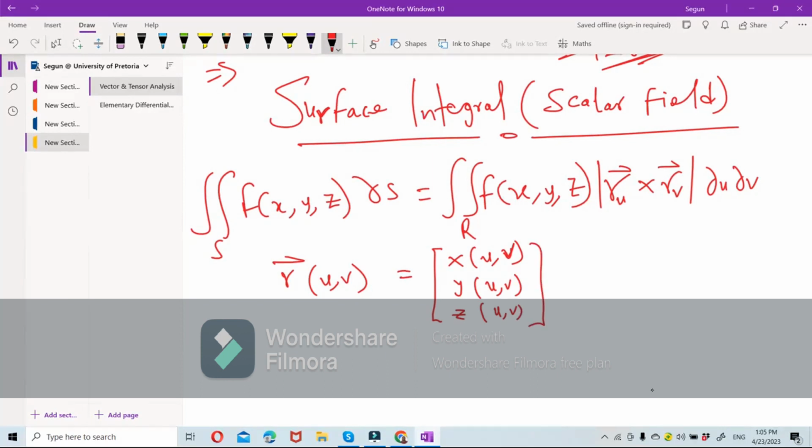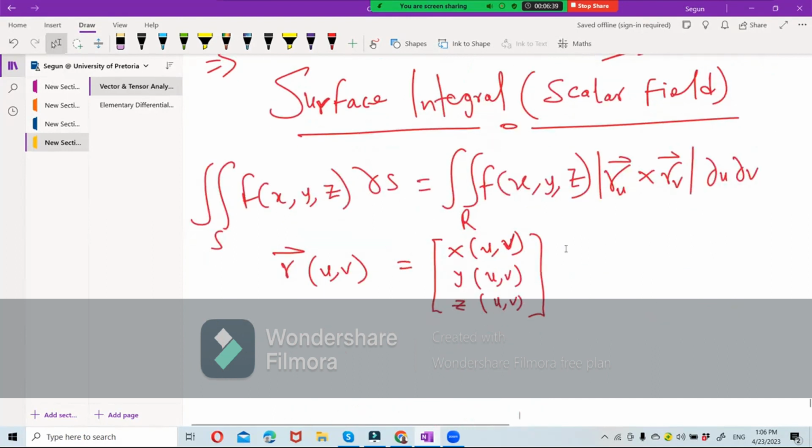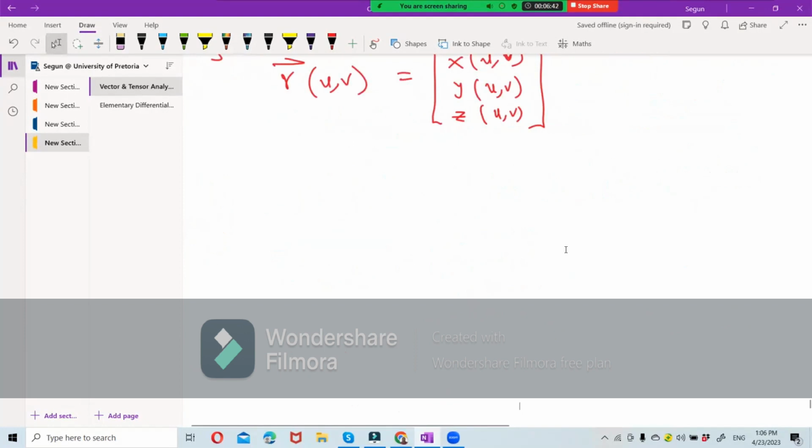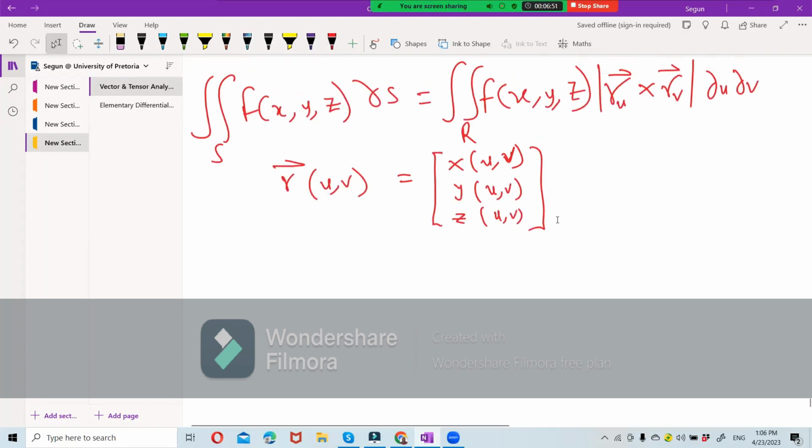So in this case, there are certain things we need to know, like I explained the last day. Let's look at this. In this case, certain things need to be checked. For example, how do we come across this?